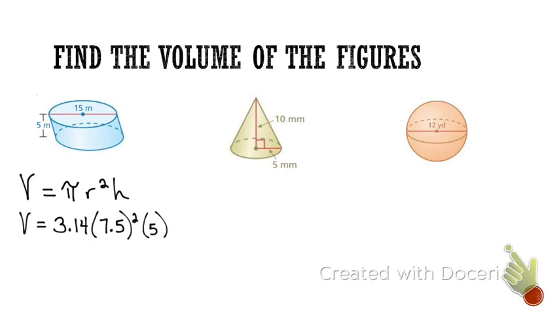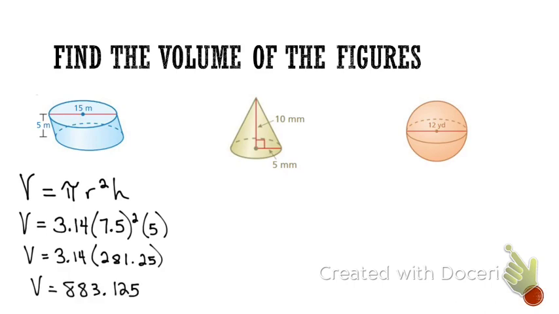All right, so I'll go ahead and write this next step. Now we have 3.14 times 281.25. So take that number and multiply it by 3.14. So my volume is 883.125. And then of course we have our label, meters cubed, for volume.